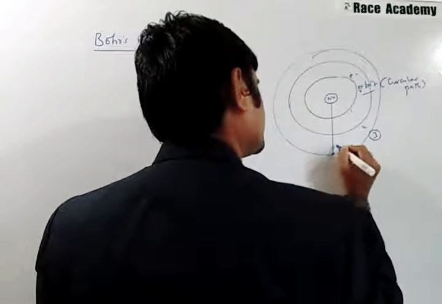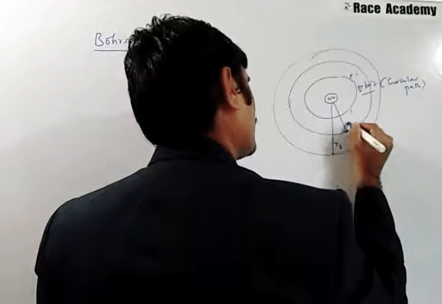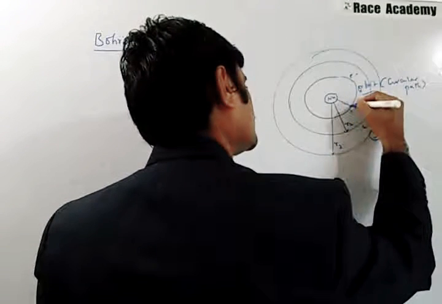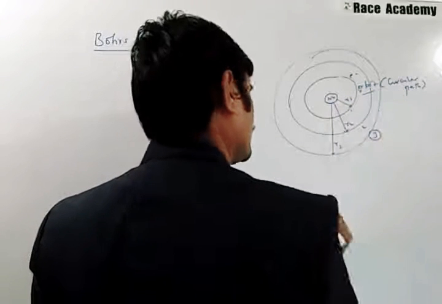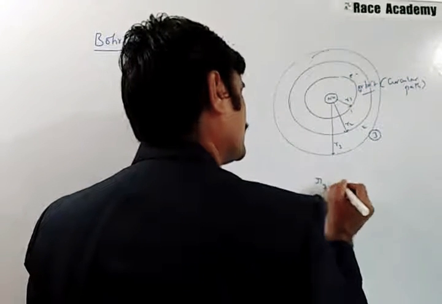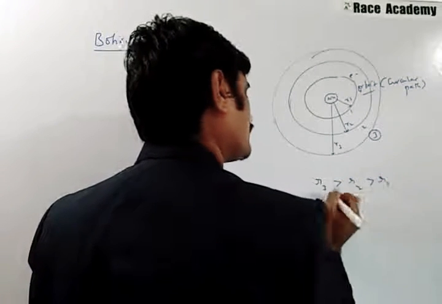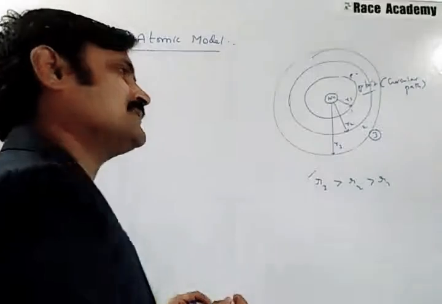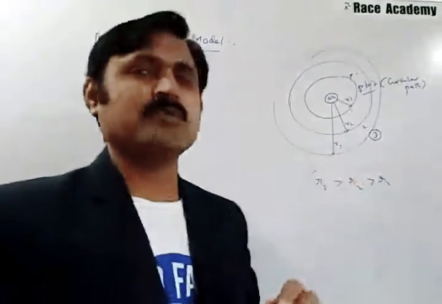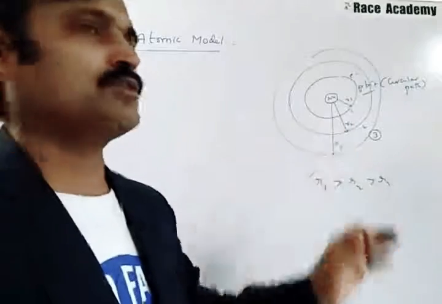This is the distance r3, this is r2, and this is r1. The order of distances is r3 greater than r2 greater than r1. So the third orbit is farther from the remaining two.